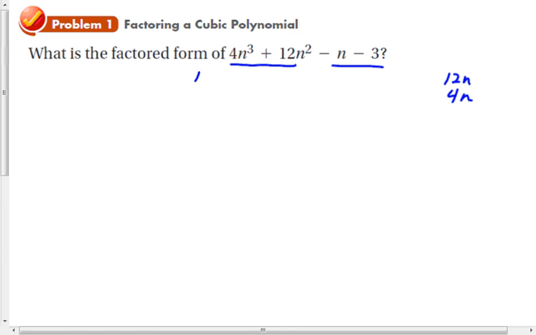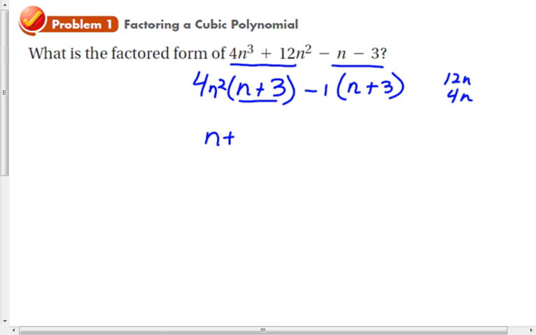So we factor out 4n squared, and then we get n plus 3. And hopefully this is a factor of the second part, and it is as long as I factor out a -1. So then I get n plus 3 there. And so my factors are n plus 3 and 4n minus 1.